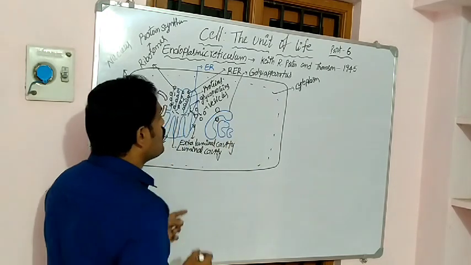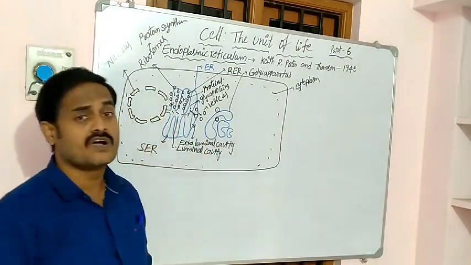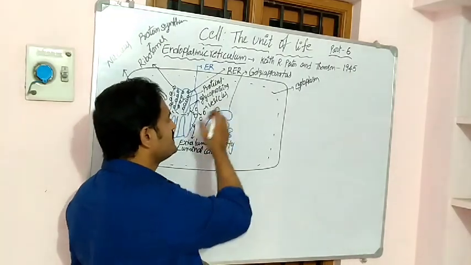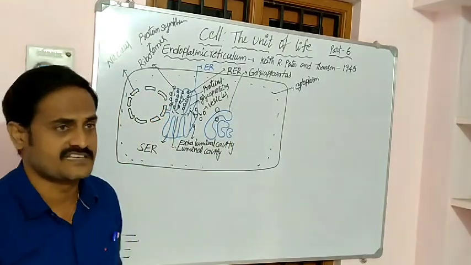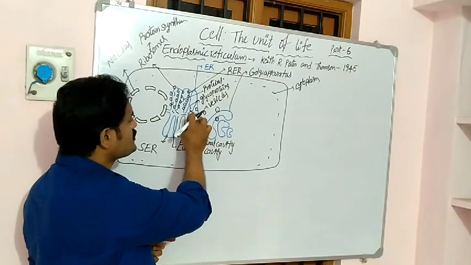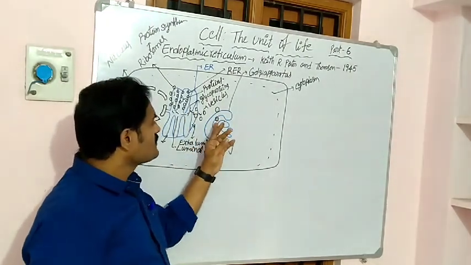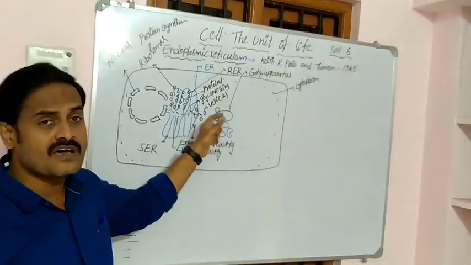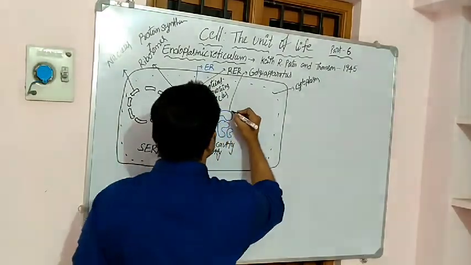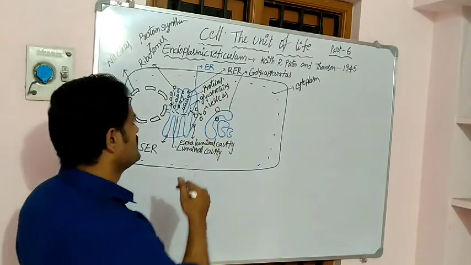Once it enters the Golgi complex, the majority of protein modification takes place. Some modification takes place in the ER, but the majority of protein modification occurs in the Golgi complex or Golgi apparatus.